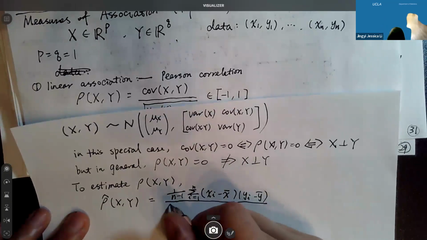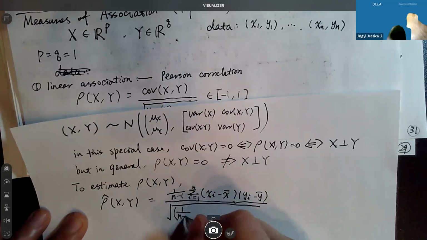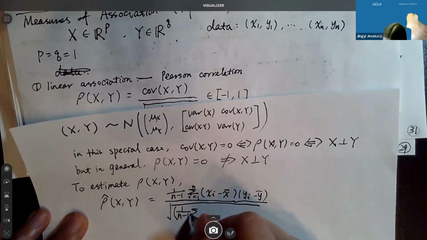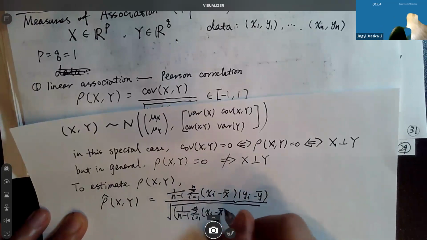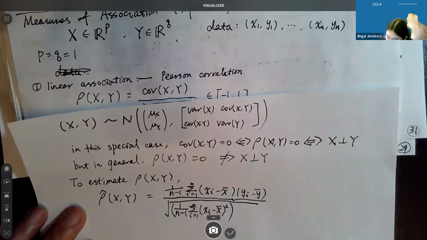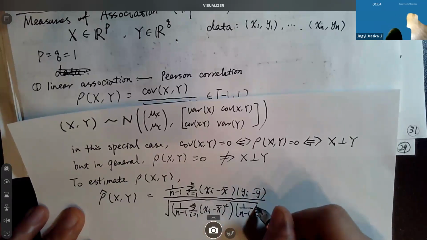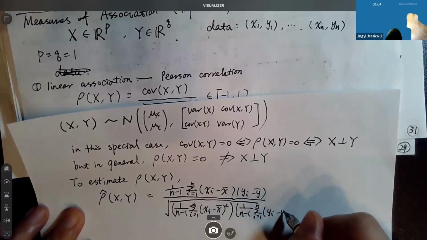And for each of the sample variances, we can use the variance formula. So that's sum over i from 1 to n, xi minus x bar squared. Okay, that's how we estimate variance of x. And to estimate variance of y, yi minus y bar squared.